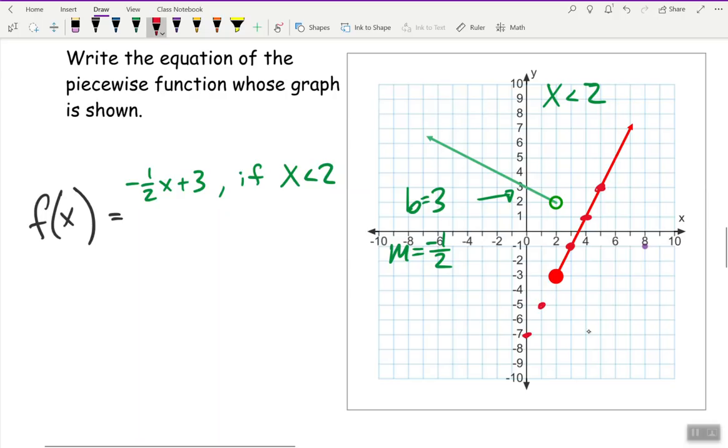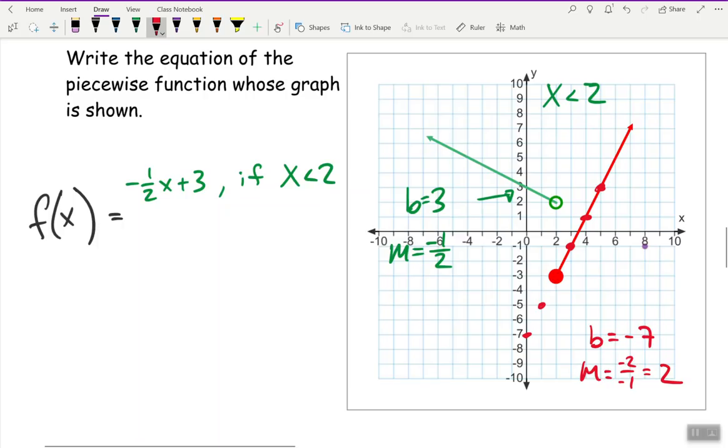I'm just using this to find where my y-intercept would be. So it looks like our y-intercept would be at negative 7. What's our slope? Down 2, left 1, right? Negative 2 over negative 1. What is that? That's positive 2. Look, we're going up 2, right 1, up 2, right 1, as we read from left to right.